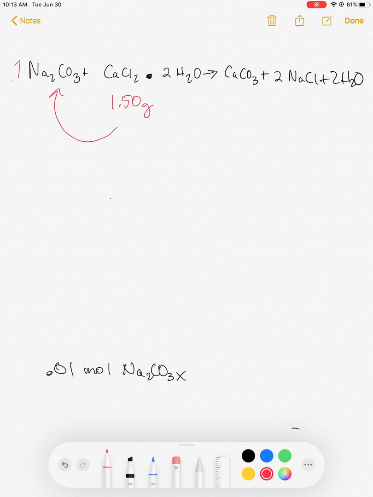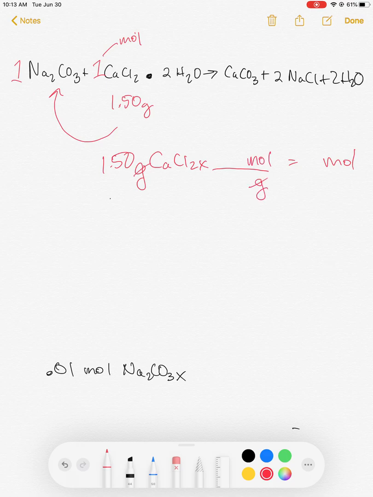Well, they don't react on a gram-to-gram basis. They react on a mole-to-mole basis. So first we have to figure out if we have 1.50 grams of calcium chloride, how many moles is that? Our conversion factor is going to be grams, so that grams cancel, and we want moles up here. We only need to know how much 1 mole is.